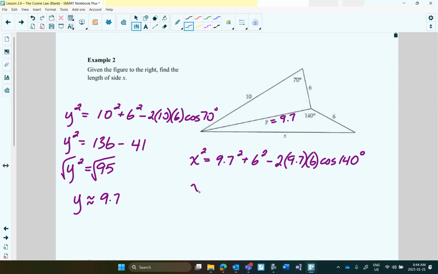So if I square these and add them together, I get 130.09, minus 2 times 9.7 times 6 times cos 140. You've got to be careful with this one, because when you do this, you're going to get a negative.